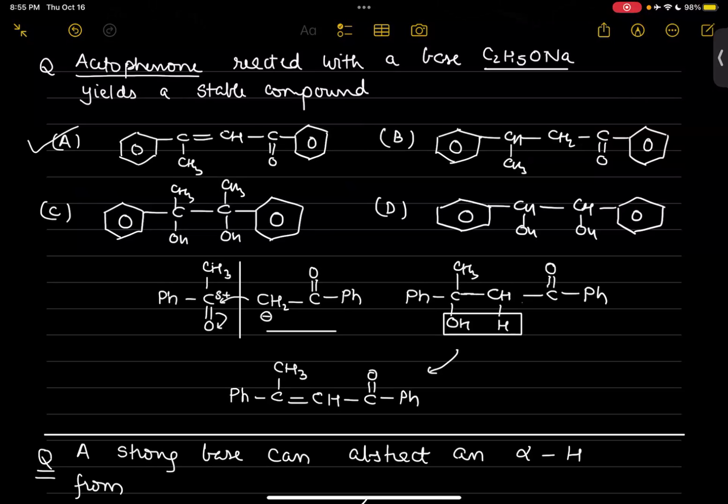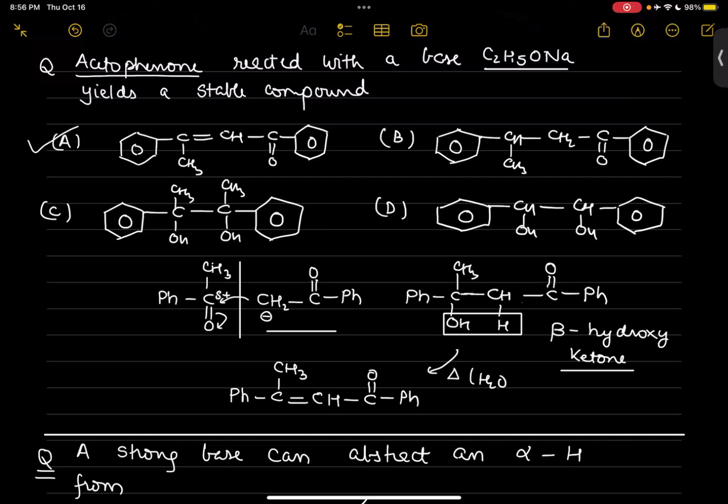And then we have a beta hydroxyketone. Okay. And then water will be removed, so you will have an alpha beta unsaturated compound.